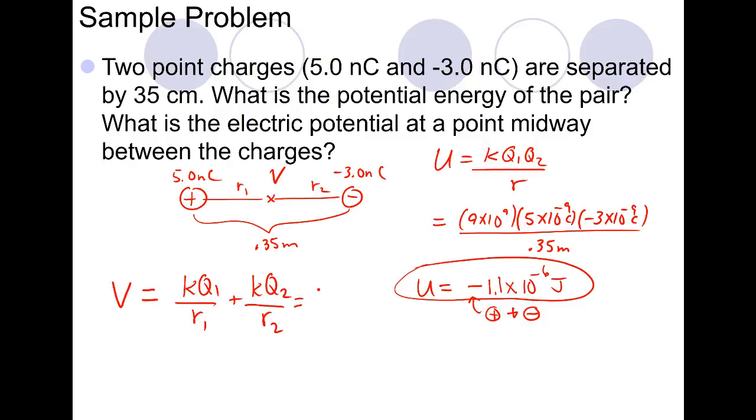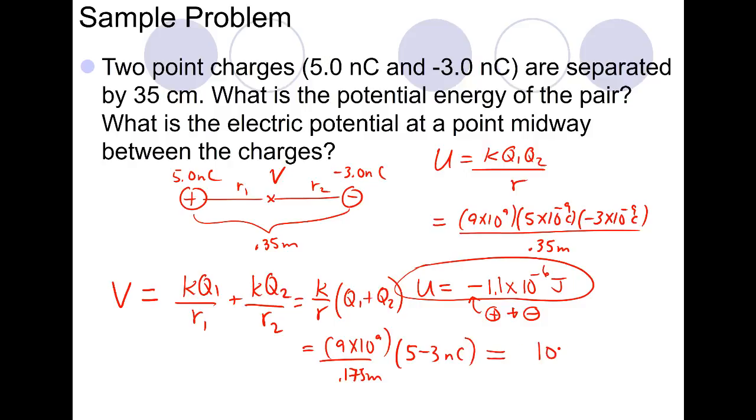So really it's k over r times (Q1 plus Q2). When we plug and chug, that's 9 times 10 to the 9th over 0.175 meters times 5 minus 3 nanocoulombs, which is 2 nanocoulombs. When you plug all this in, you get 103 volts, and it's positive. The way to think about this is that the positive 5 nanocoulomb charge has more of an effect than the negative one. So that's our answer here.